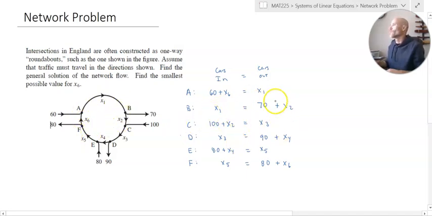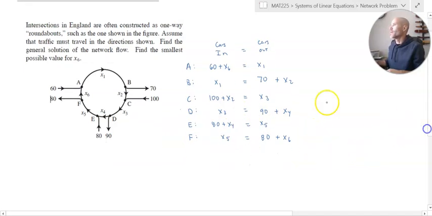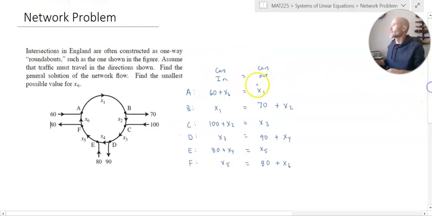And so now in order to resolve what x1 through x6 should be, we need to rearrange these equations, and we can do this in a couple of different ways. We just need to make sure we get our variables on the left and our constants on the right.